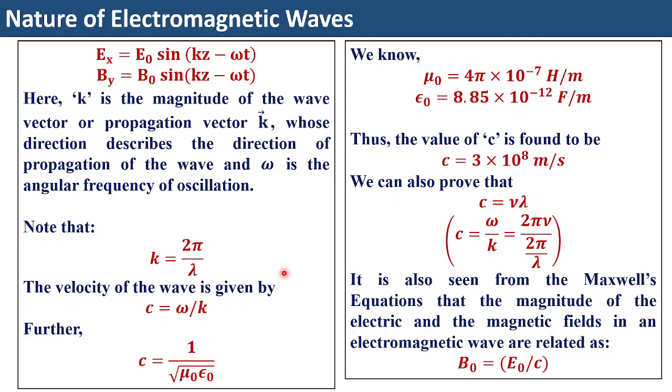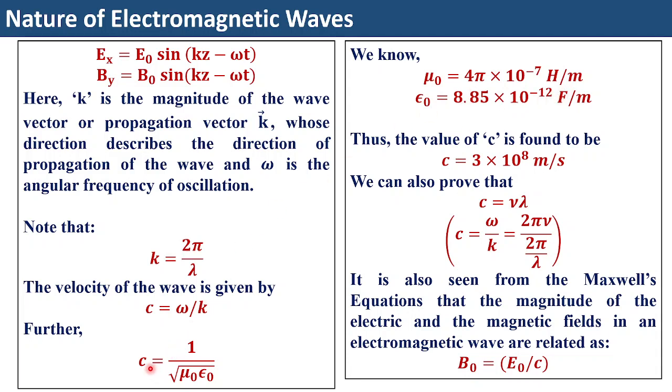So you just have to remember that c can either be written as the ratio omega by k, or as 1 upon square root of mu naught epsilon naught, where mu naught is the absolute permeability of free space and epsilon naught is the absolute permittivity of free space.